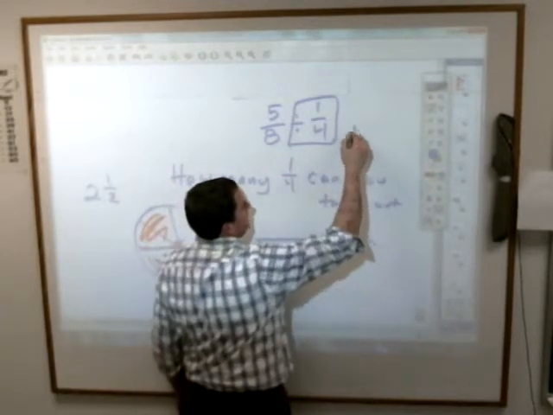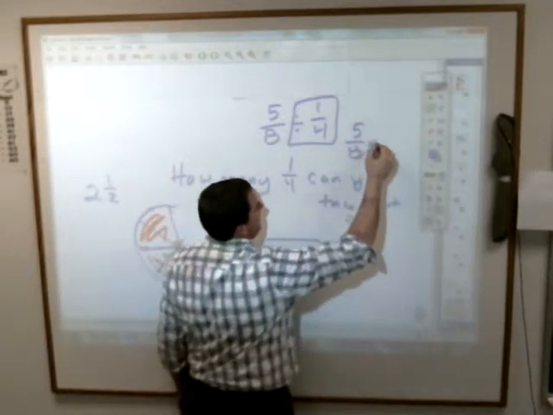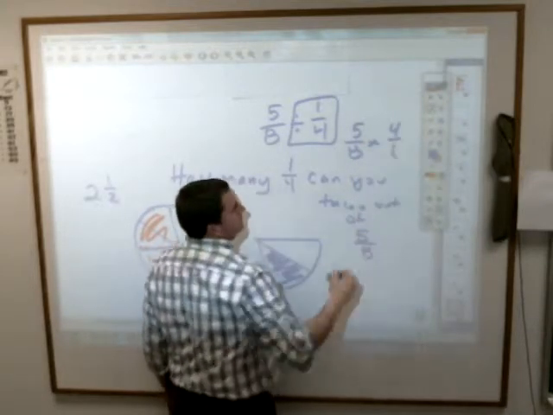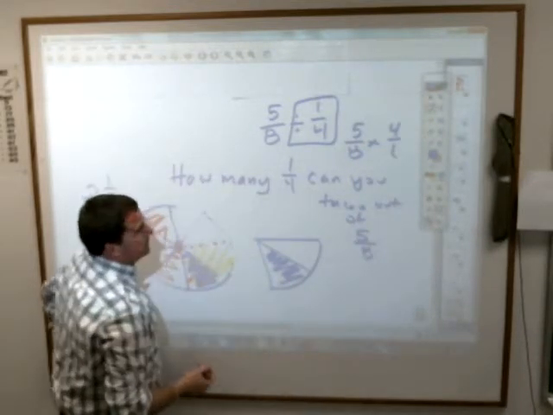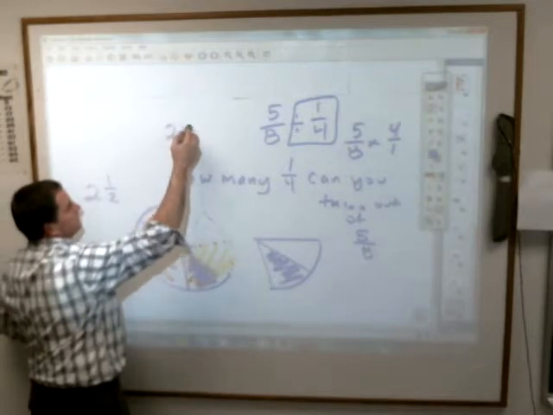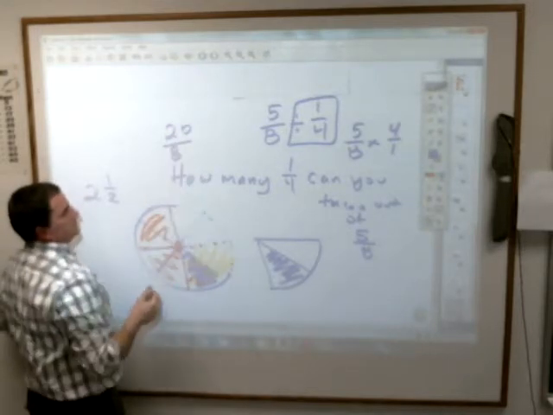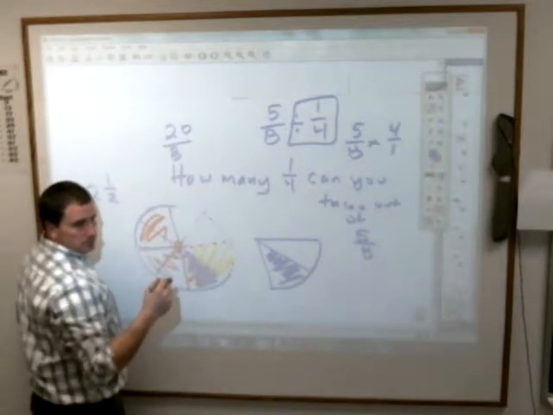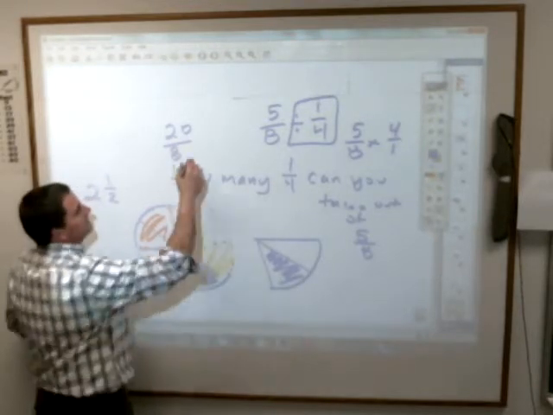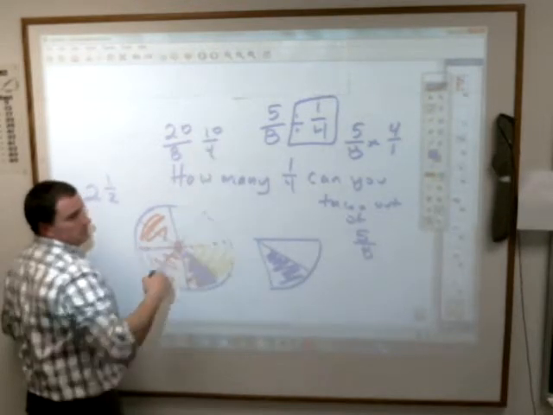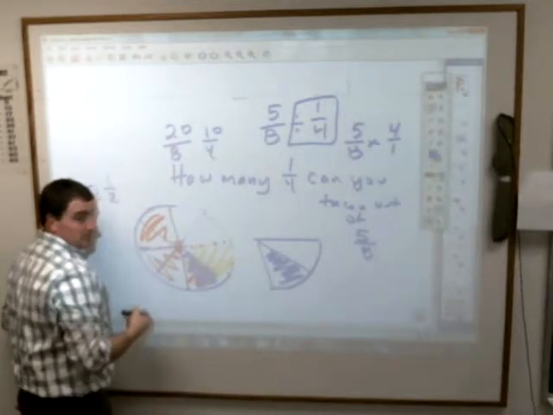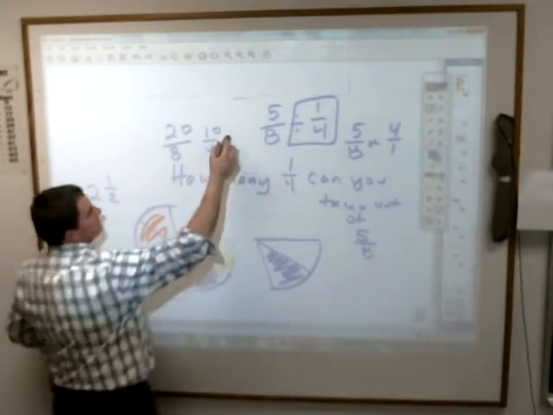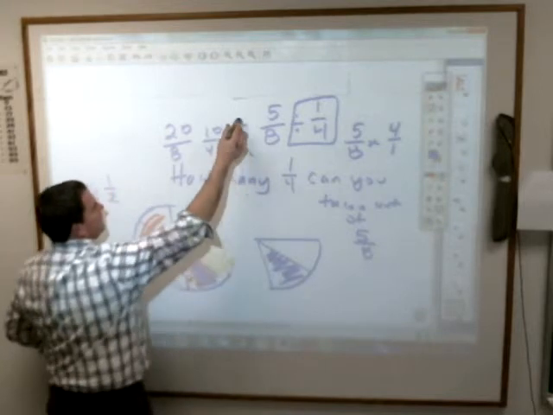It's going to be 5/8 times 4/1, which is actually what? 20/8, right? 20/8 reduces to 10/4. 10/4 reduces to 5/2. 5/2 as a mixed number is 2 and 1/2.